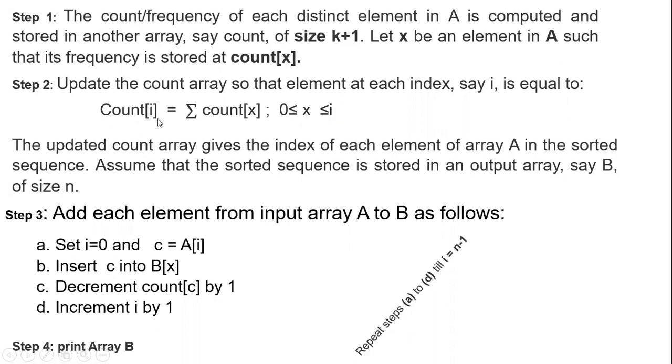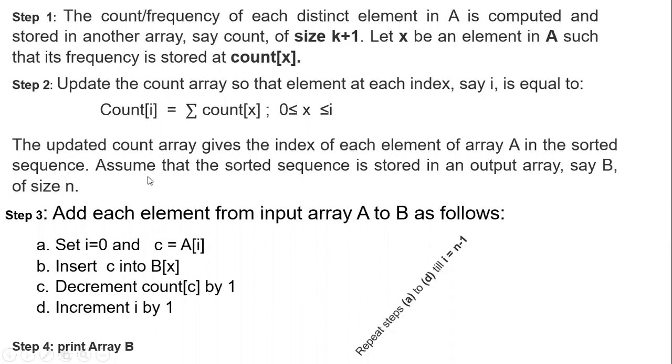This means that count of i contains the sum of the previous counts. The updated count array gives the index of each element of array A in the sorted sequence.